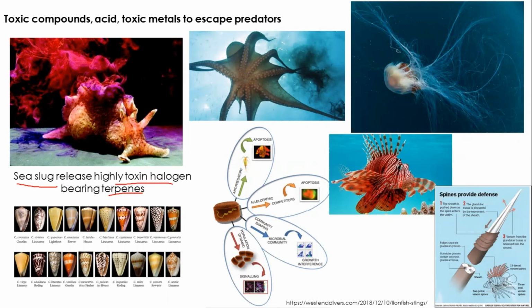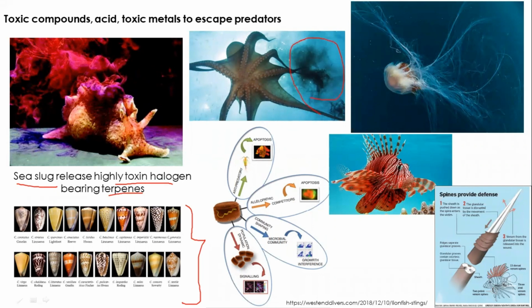Then we have plenty of cones. A lot of cones are there which you can easily find on the beaches and also in the subtidal areas. Also, we have the black ink from the cephalopods. Then we have the stings from the jellyfishes. We have neurotoxins from the lionfishes.